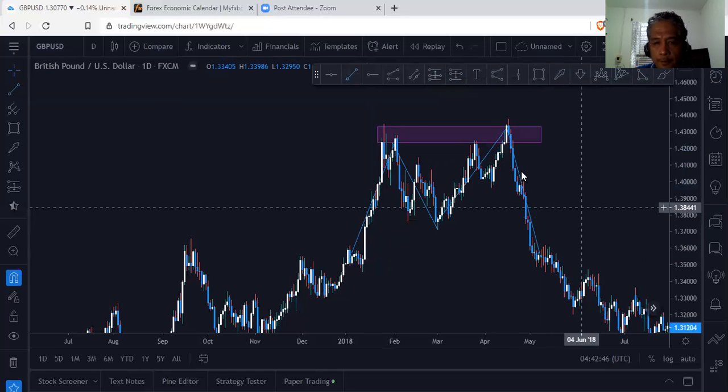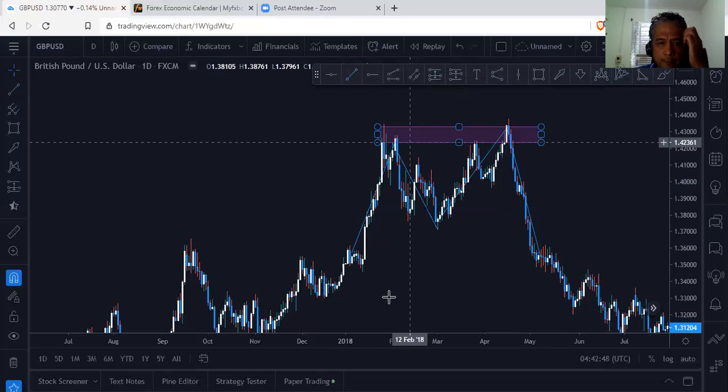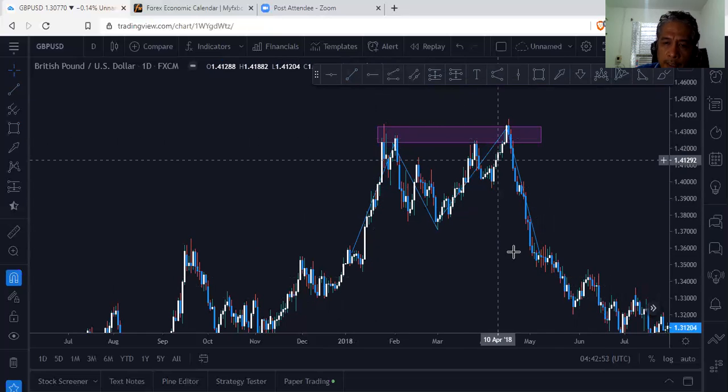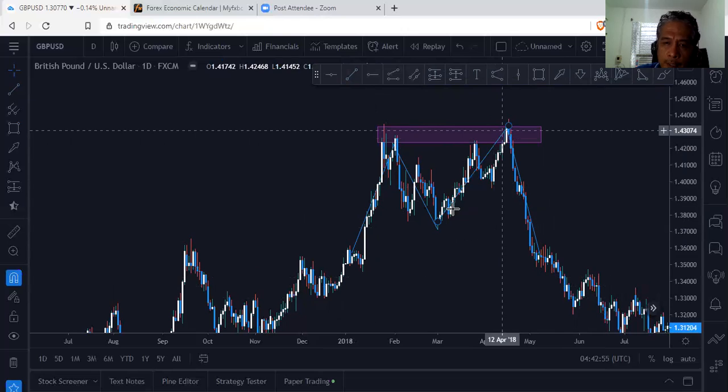See that one? This is an M pattern reversal. So when the market is forming an M like this, it is a pattern for reversal.